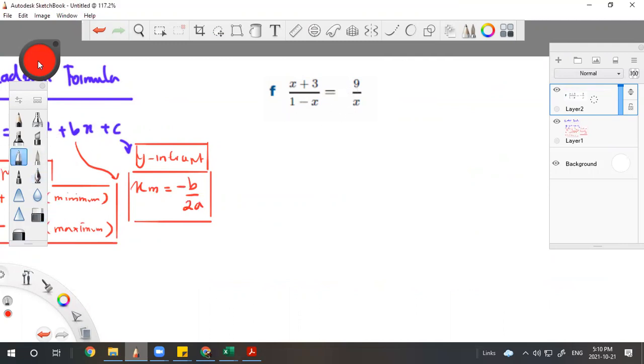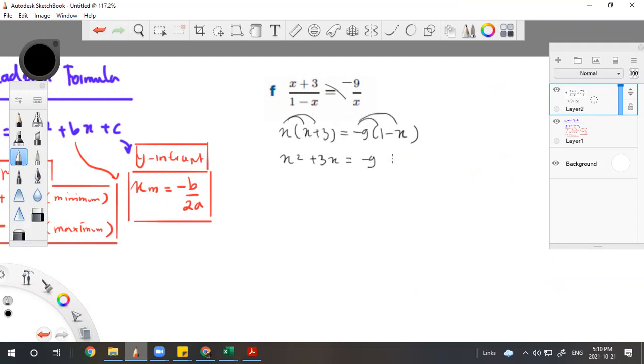I think it's better to put it on top. Okay, put the negative above. So x times x plus 3, right? Do the crossing, and then equals negative 9 times 1 minus x. So x times x, x squared, x times 3, 3x. Negative 9 times 1 is negative 9.